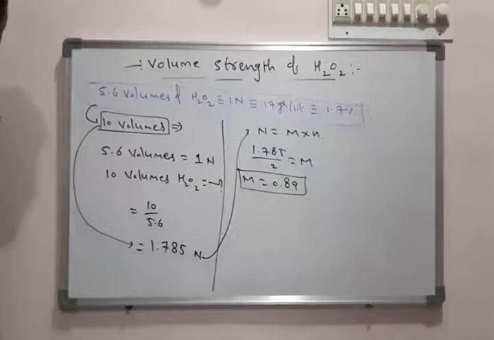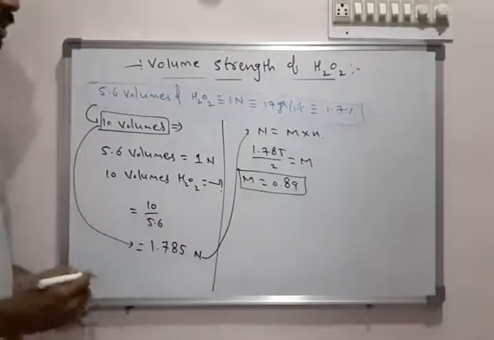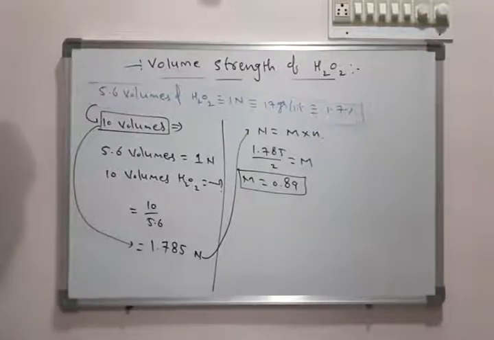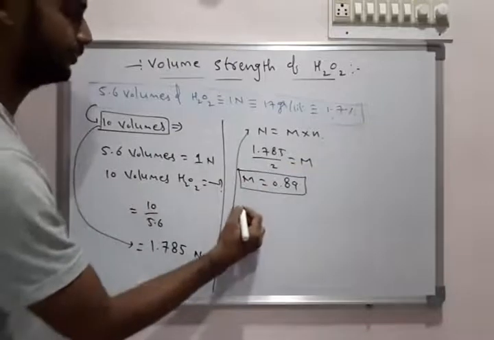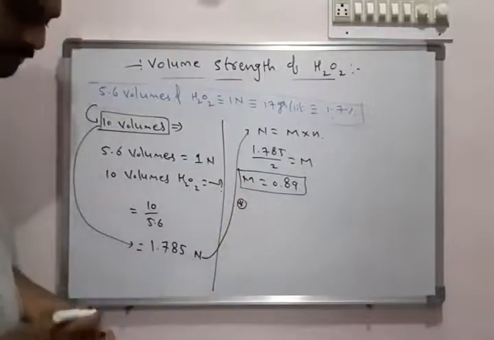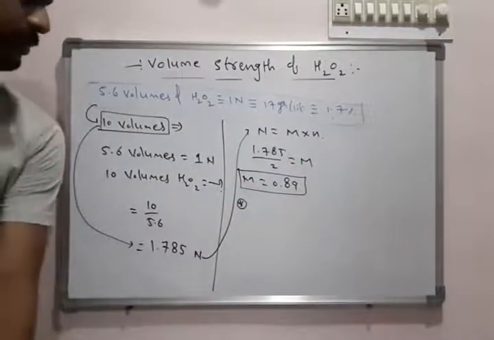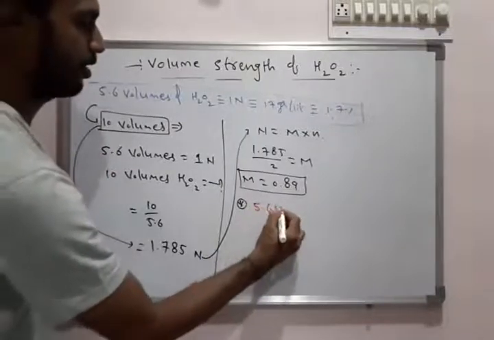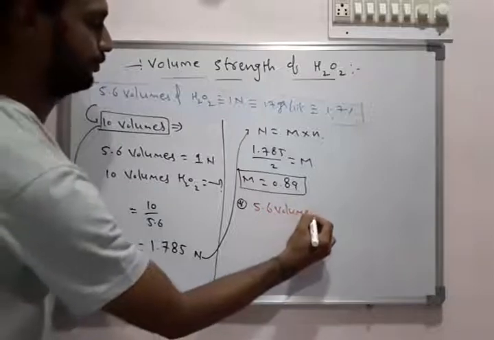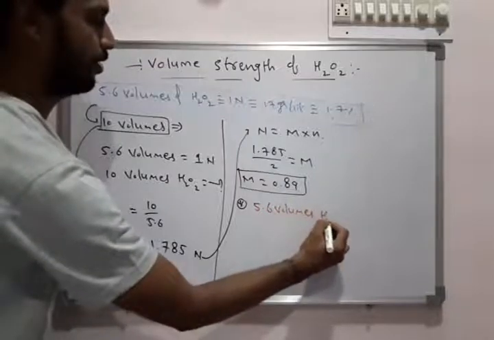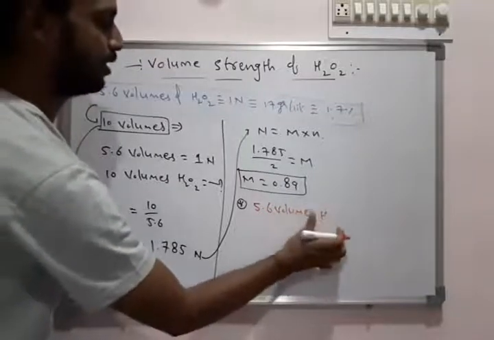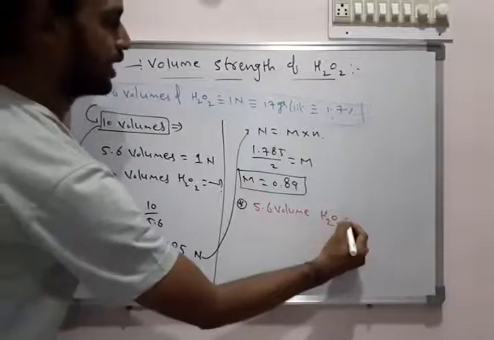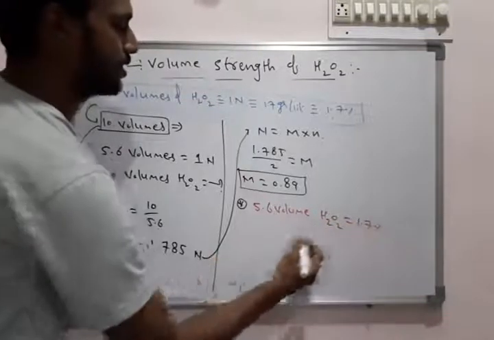And next we see its percentage. We know that 5.6 volume strength hydrogen peroxide is equal to 1.7%.